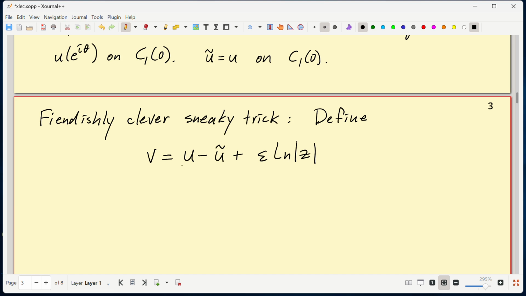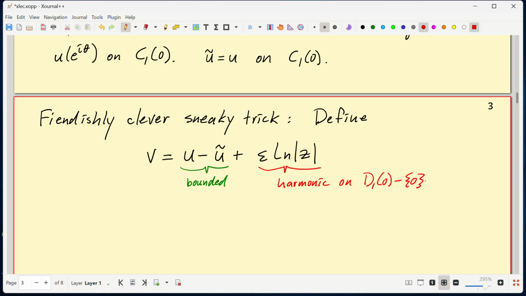That's 0 on the unit circle. This thing is bounded, and this thing is harmonic on the punctured disk, on D_1 minus 0.